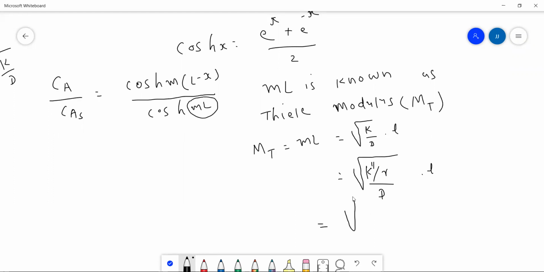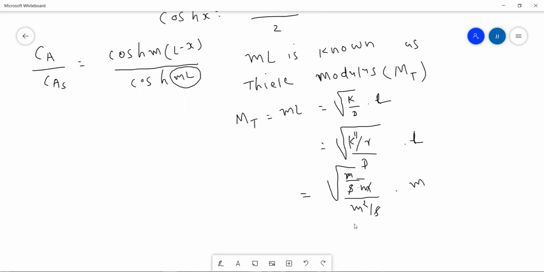So this is under root meter per second into radius, which is meter, divided by diffusivity, whose unit is meter square per second. So meters and seconds cancel out, into this L, the length of the fiber. Actually it is a capital L, sorry, capital L.